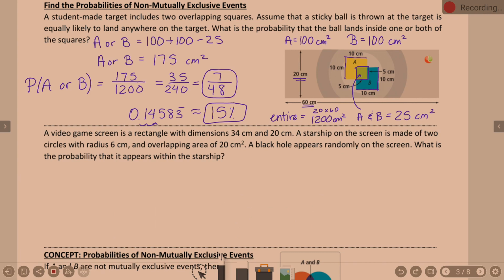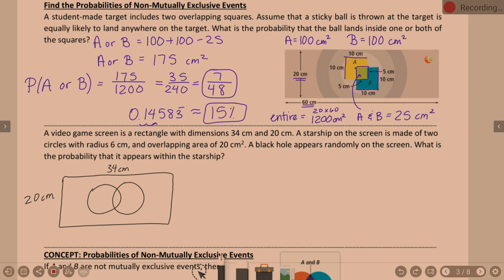Okay. A video game screen is a rectangle. Got my fancy rectangle. With dimensions 34 centimeters and 20 centimeters. A starship on the screen is made of two circles with radius 6 and overlapping areas. So two circles, what do you notice about these two circles?